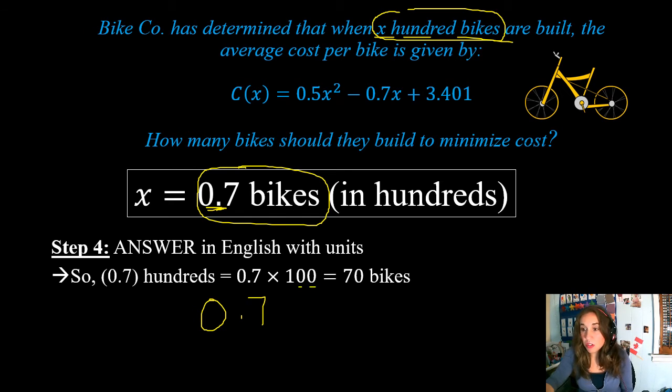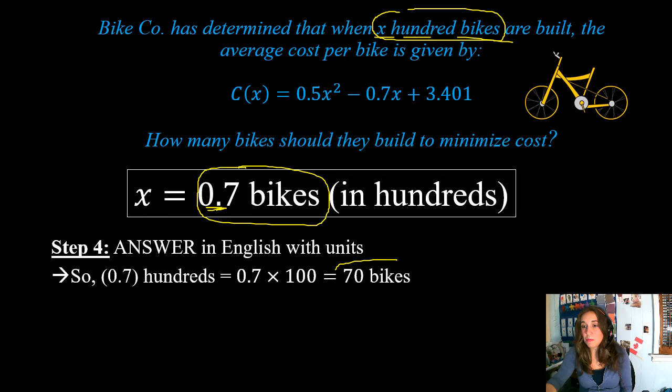So here there's 2 zeros, and you jump your decimal point that many places. So 1, 2, and I have a gap here, so I need to put a 0. So that leaves me with 70. So 0.7 times 100 is 70. So actually the bike company is going to produce 70 bikes in order to minimize cost, and that is my actual answer.